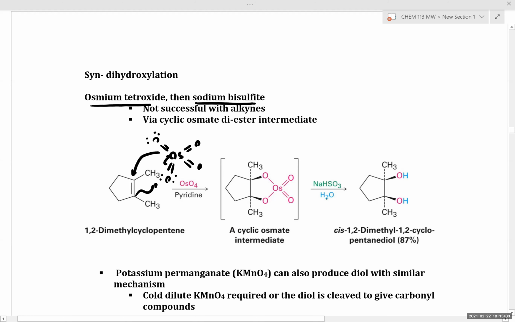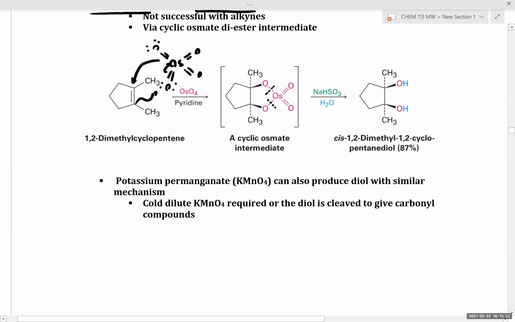Then in the second step, sodium hydrogen sulfite and water promotes hydrolysis of this osmium-oxygen bond, and this sodium hydrogen sulfite serves as a reducing agent to cleave off and break up this osmate ester.